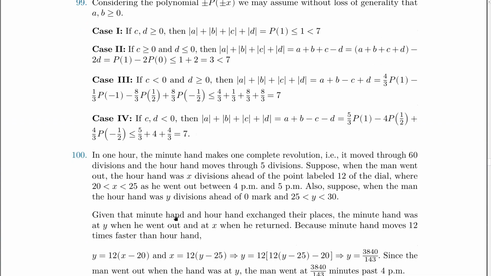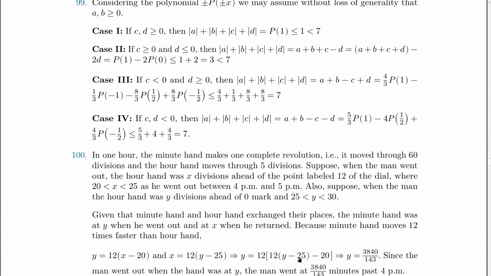Given the minute hand and hour hand exchanged their places, the minute hand was at y when he went out and at x when he returned. Because the minute hand moves 12 times faster than the hour hand, we can write that y is equal to 12 into x minus 20 and x is equal to 12 into y minus 25. So now we have two equations and two unknowns, x and y.